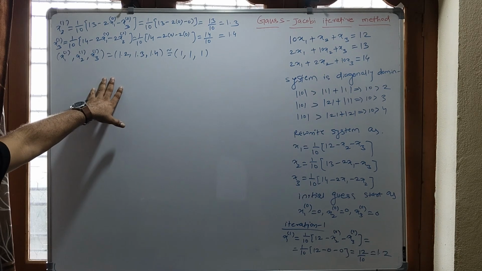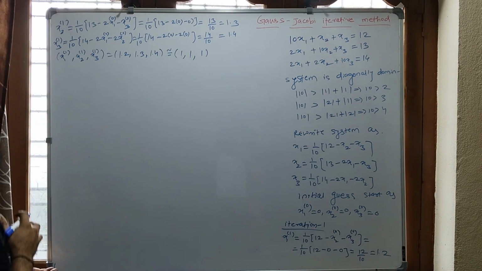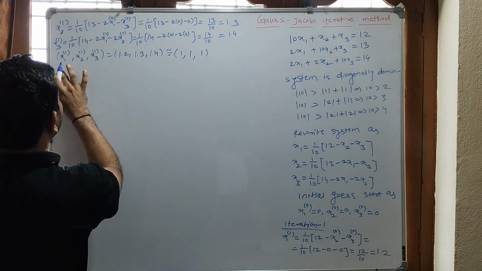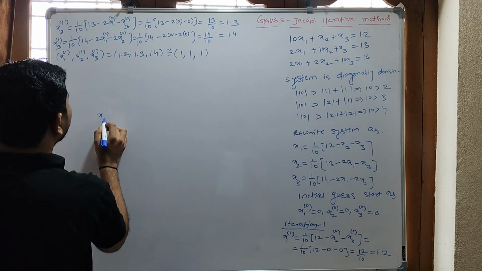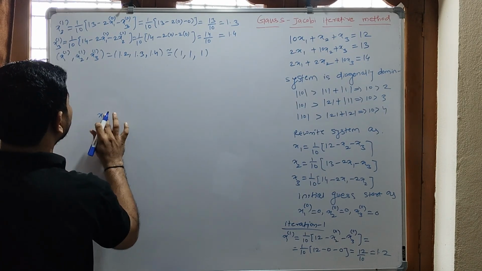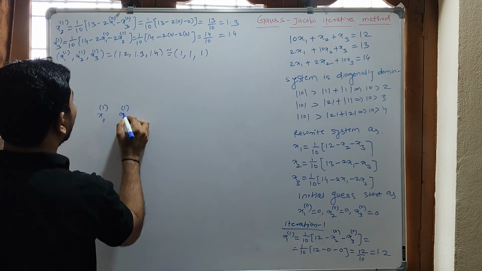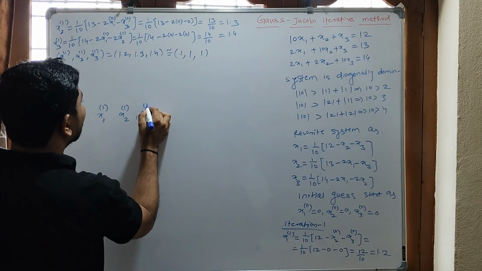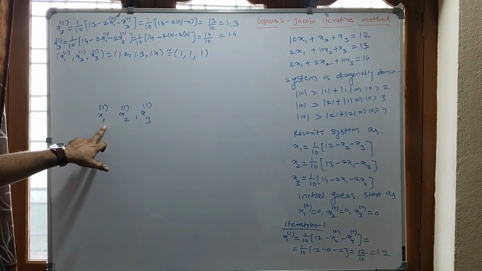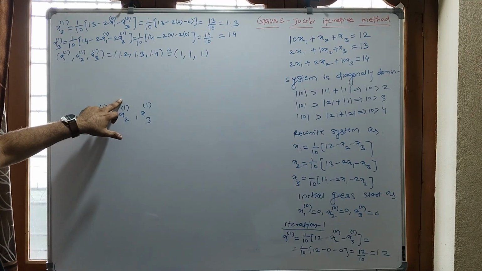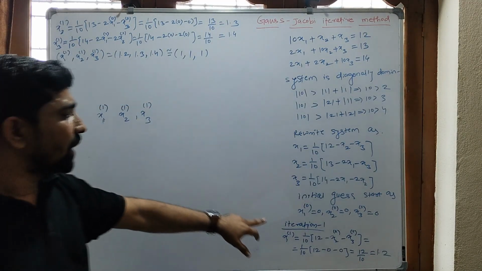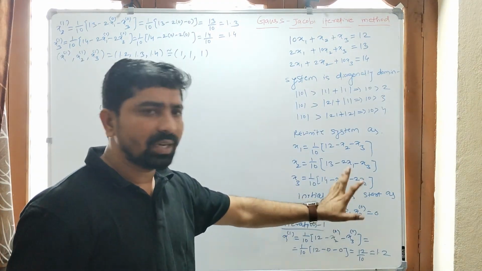Just for the sake of understanding, I am writing this: x1 at 1, x2 at 1 and x3 at 1. I found x1 at 1, x2 at 1 and x3 at 1 with the help of x1 at 0, x2 at 0 and x3 at 0.